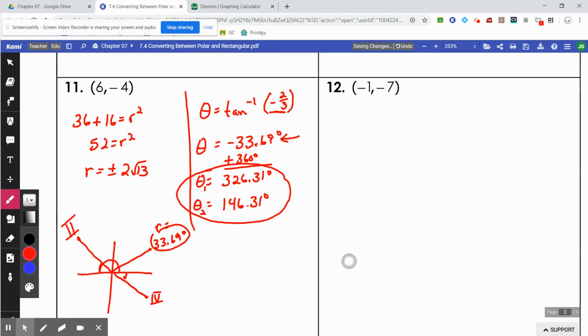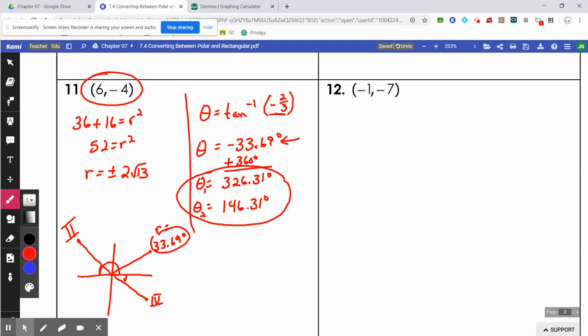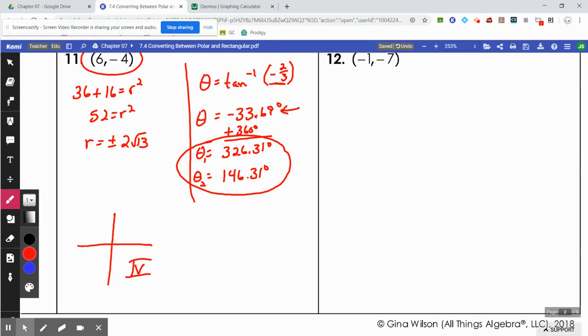So now which quadrant is this in? 6, -4 is going to be somewhere. We can erase all this now. We are looking for an r and theta that ends us up in the fourth quadrant. So if we're going to use a radius, the first one was 2 root 13.